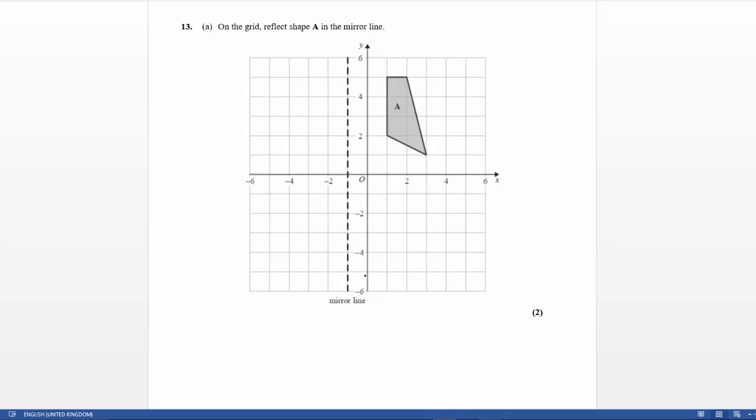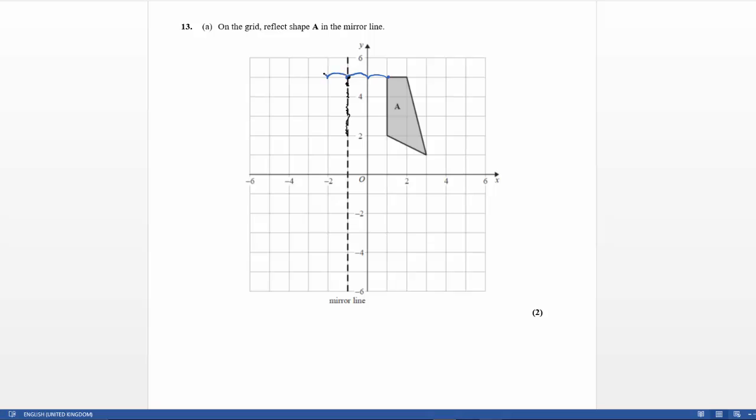In the grid, reflect shape A in the mirror line. The mirror line is here. Okay, can you see that, guys? Yeah? So we need to count from each point how far we are from the mirror line. So this particular point here, 1, 2 spaces.